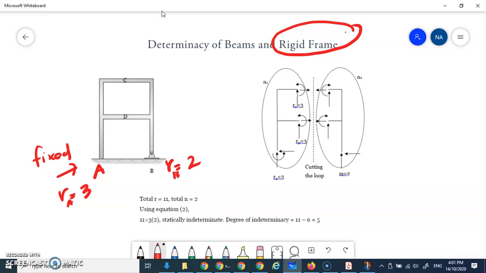Okay, but for the rigid frame, we are still using the same equation as for the beam, which is R equal 3N or greater or smaller.